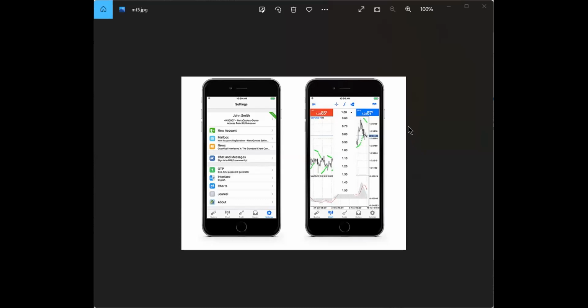Hope you guys can see the image. Okay, good. So this is what it looks like on your phone, right? When you open it, you'll be having a few things. You'll be having quotes, which is the same as where you saw the symbols on my MT5, and then you're having the chat, which is the same as the chat area, it's just at a different place.